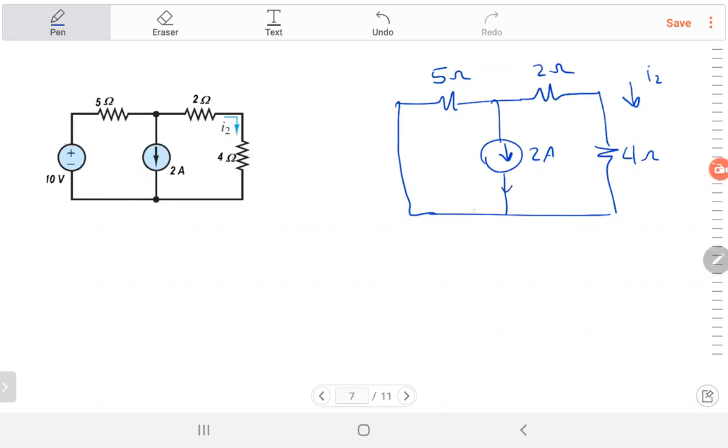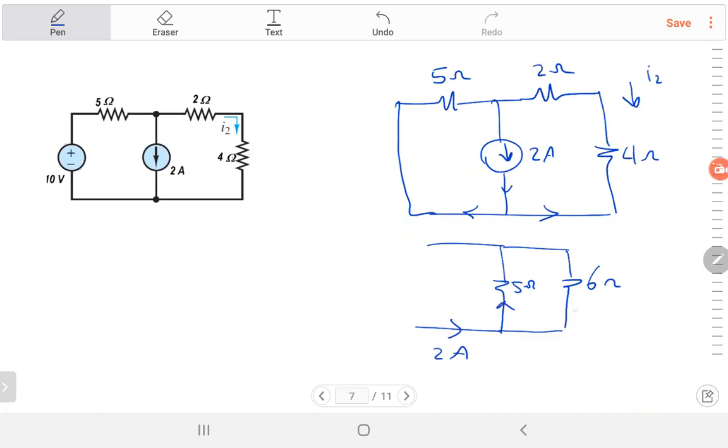This current going in this direction, some goes there, some goes in the other direction, right? So it's like a current divider. I will sketch it in a nice way. The 2 and 4 are 6 ohm, in parallel with the 5 ohm, and the current going through both of them in this direction is 2 amp.